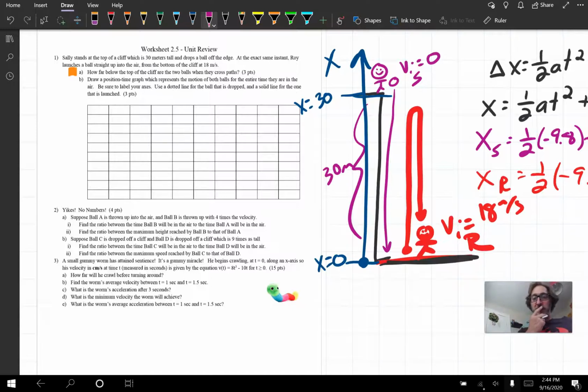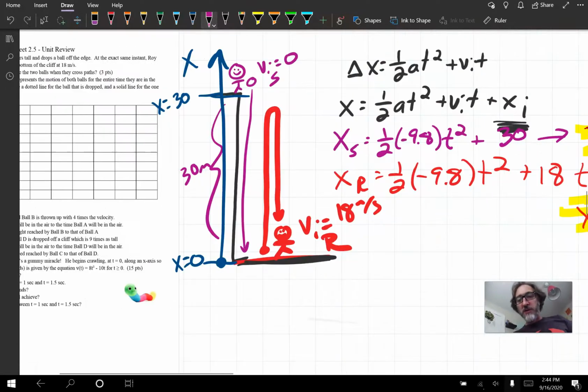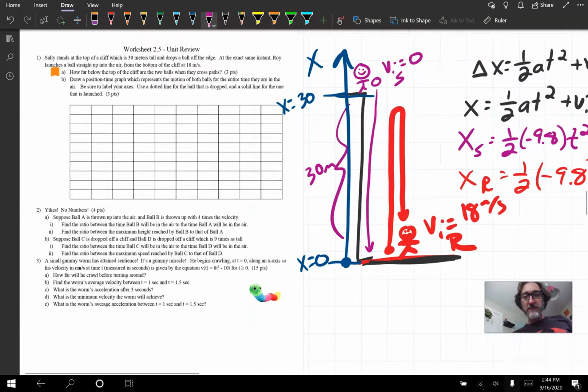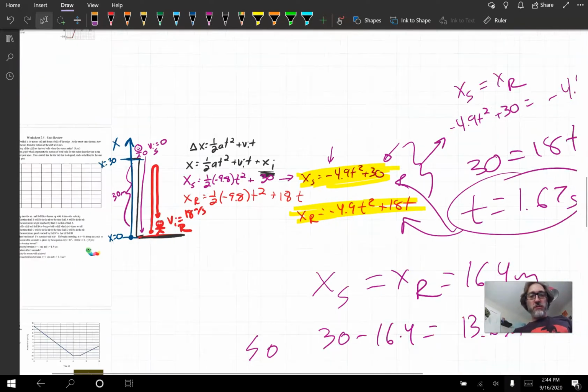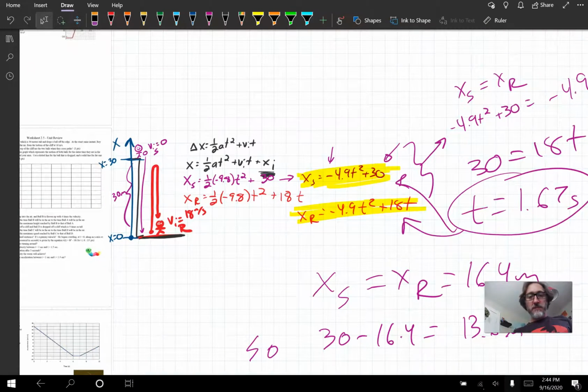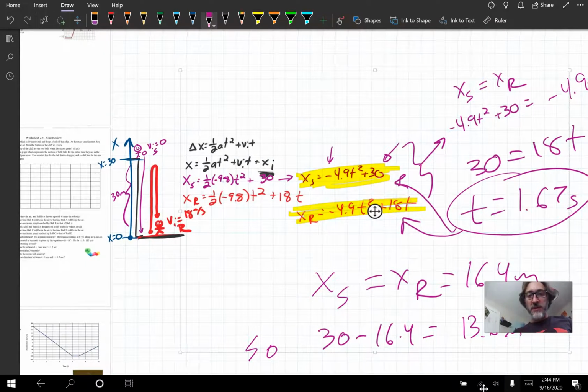So we need to figure out how long they're in the air for. Let's find the time for which Roy's ball is in the air. I guess I started with Roy's ball because I assumed that it's going to be in the air for more time.